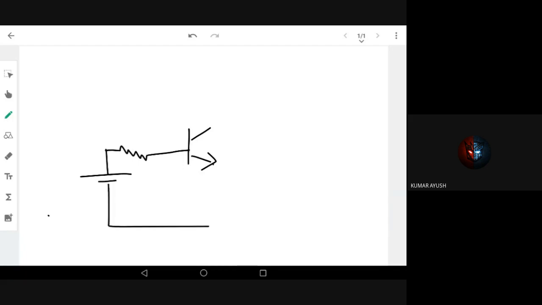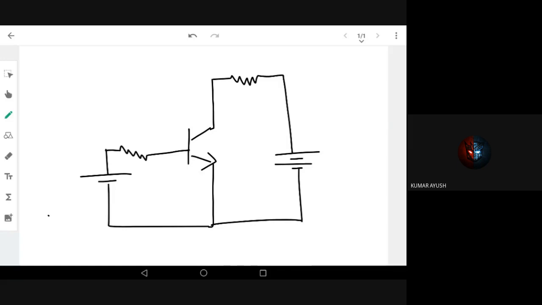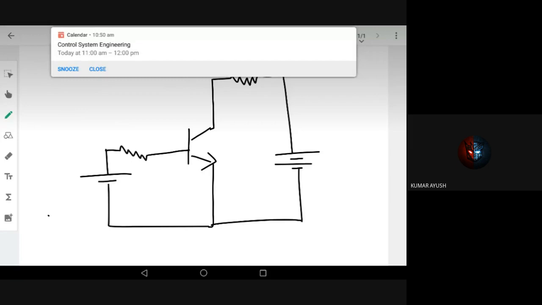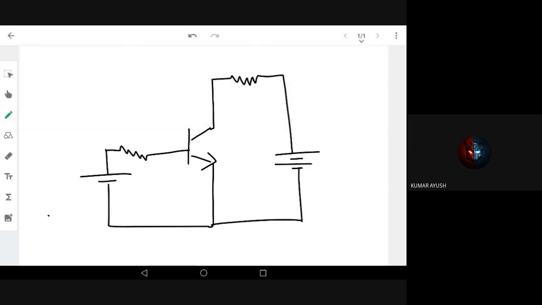VBB means the voltage given at the base. Now I'm also connecting some collector resistance to control the collector current or the voltage drop, and I give some voltage VCC. So this collector voltage is a bit greater than the base voltage. We have VCC, VBB, the base resistance RB, and the collector resistance RC.